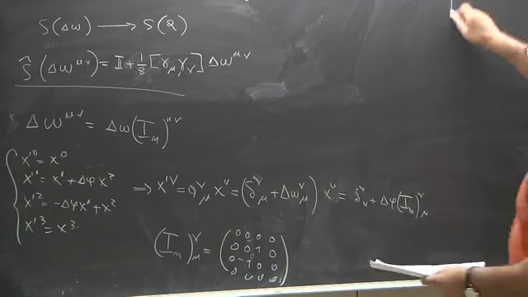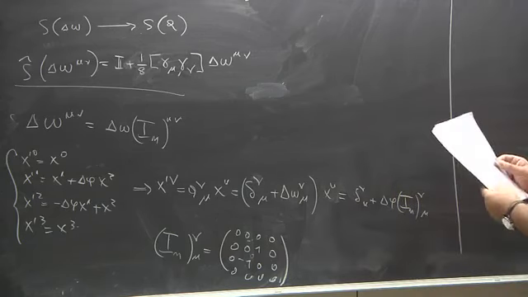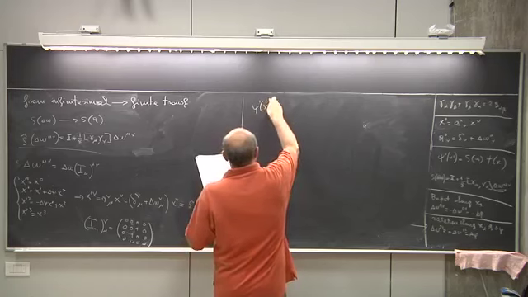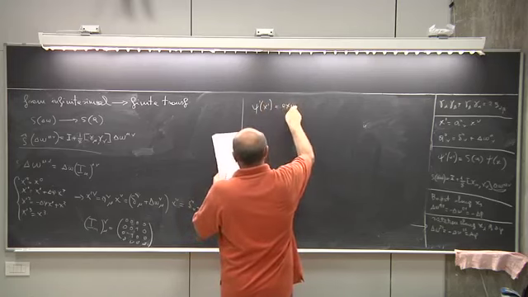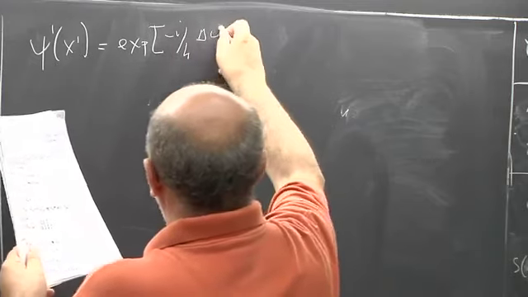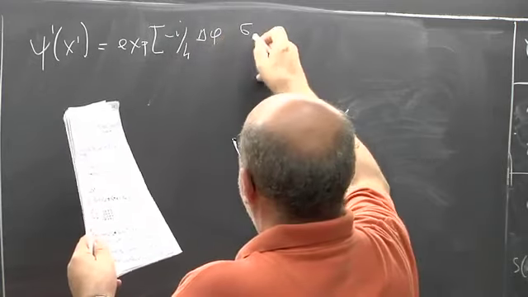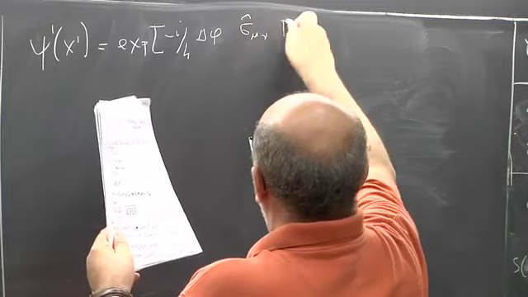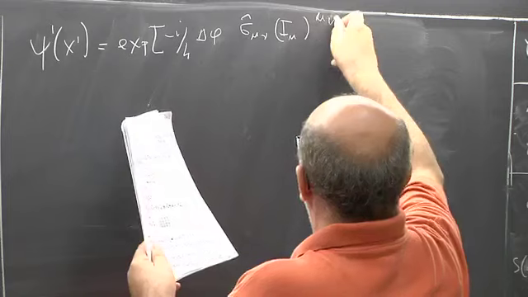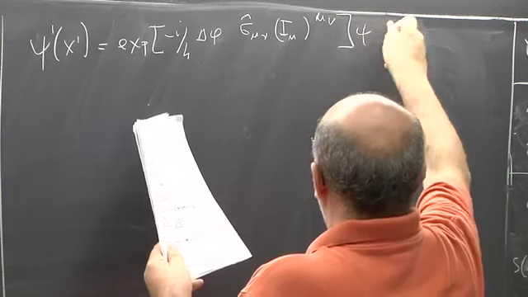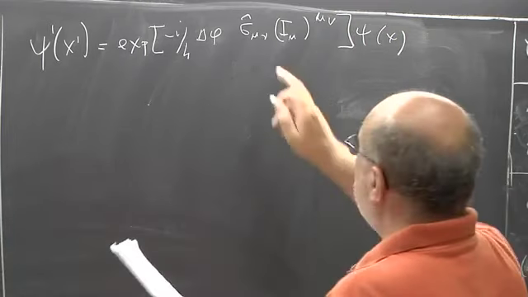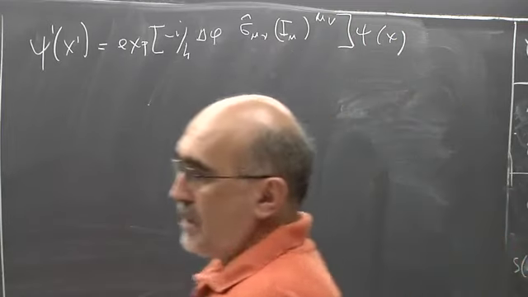Okay, now that we have the I_N, it's easy to see the transformation on the Hilbert scale. The transformation is exponential of minus i over 4 delta phi, that was the angle, sigma^{μν} I_{μν} ψ(x). Which elements were different from 0?